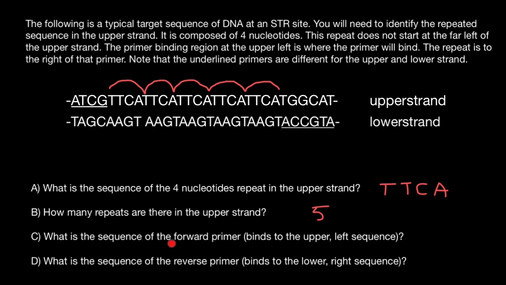What is the sequence of the forward primer that binds to the upper left sequence, which is underlined here? In order to make a copy of this fragment, we have to raise the temperature. A temperature of about 100 degrees Celsius is going to break hydrogen bonding between complementary nucleotides.